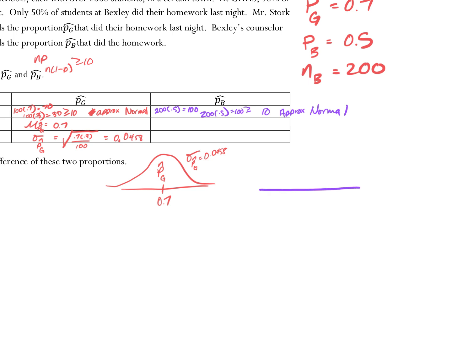So I'm going to start drawing this. And the mean of the Bexley p hats would be 0.5. The standard deviation would be the square root of 0.5 times 0.5, all over 200.